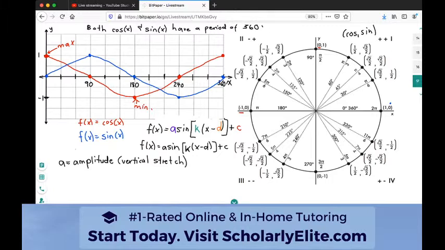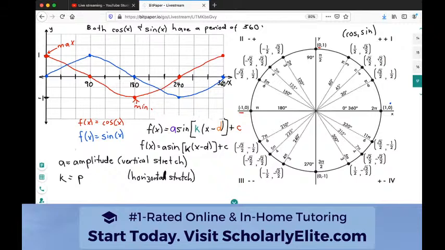And then if we recall back again to quadratic graphing, the k term that we see here is our horizontal stretch or compression. Both of these can also be compressions. But in our case, we're going to call this the period.